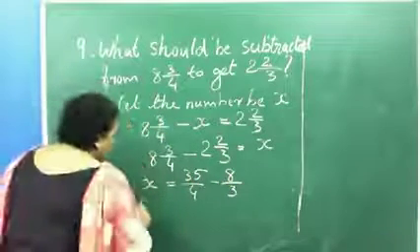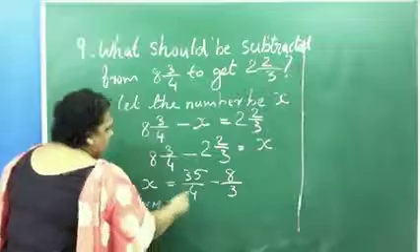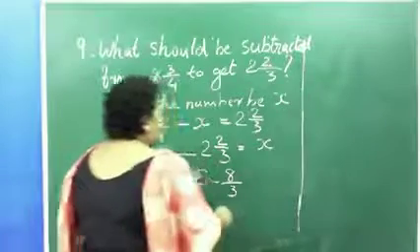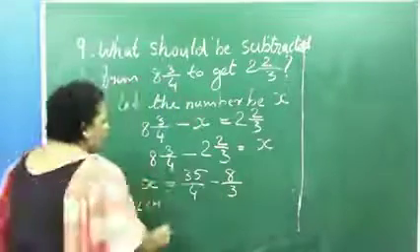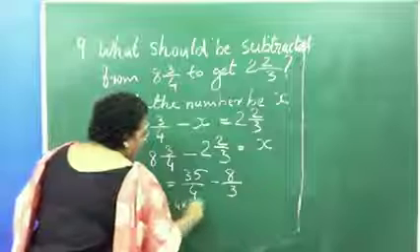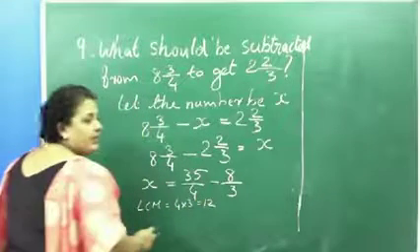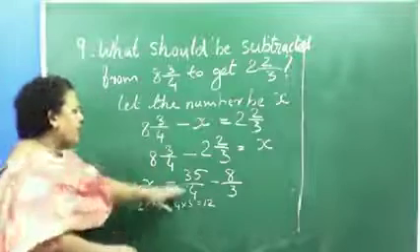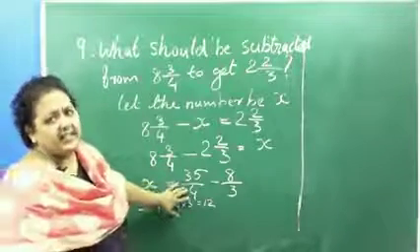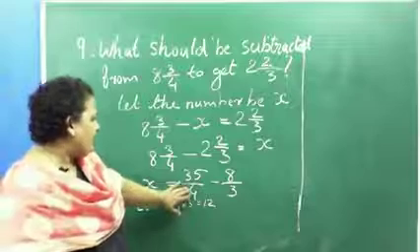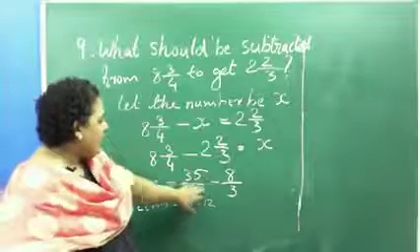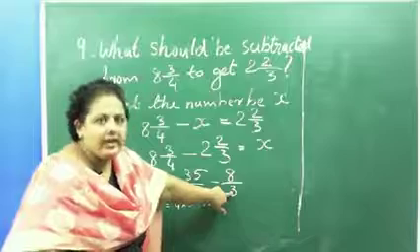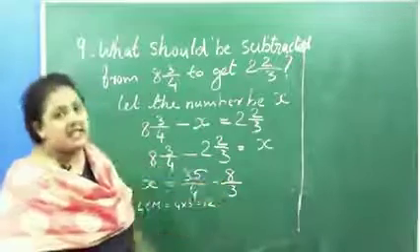Now what is the LCM of 4 and 3? It is 4 into 3, that is 12. LCM is 12. Now what do we have to do? We have to make these into like fractions. So you multiply this 4 by 3 and this 3 by 4, then you will get the denominators as 12.